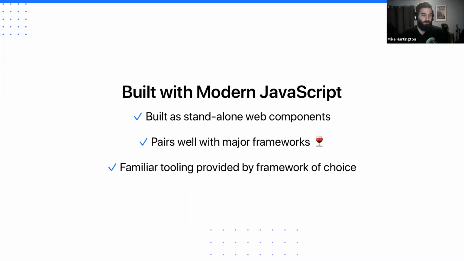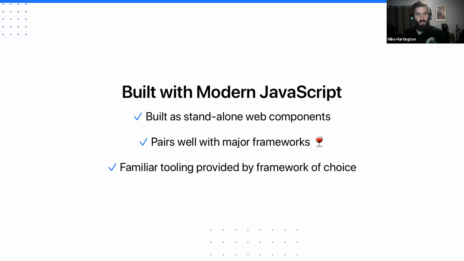Meaning that if you don't need a framework, we can still work with you. We do also integrate with Angular, React, and we just recently announced our new beta release for Ionic Vue. So if you're using any of the big 3 frameworks out there, you can use Ionic with that and get the nice component design and animations and transitions that we bring to the table.